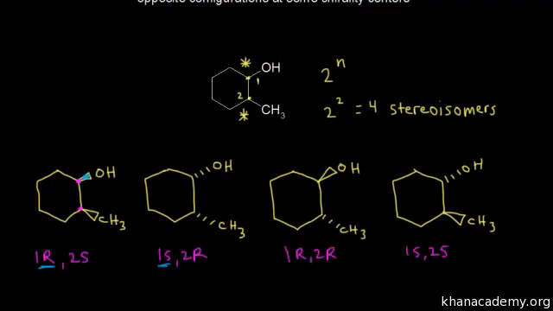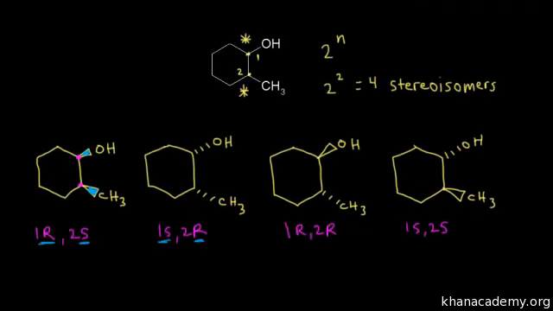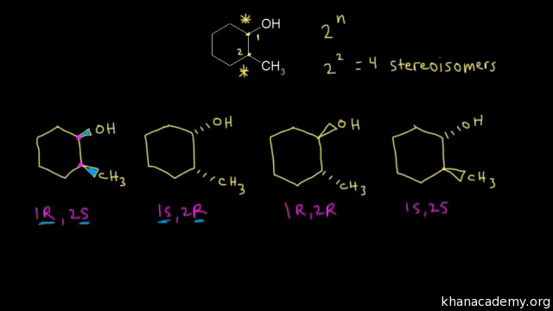At carbon 2, over here on the left, we had a wedge, and then we switched it to a dash over here. So we went from S at carbon 2 to R at carbon 2. So we have opposite configurations at all chirality centers in this molecule. So these 2 molecules are mirror images of each other, non-superimposable mirror images, so they are enantiomers. So these 2 are enantiomers to each other.